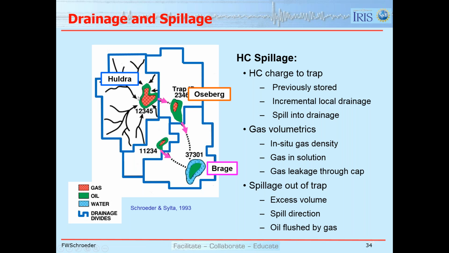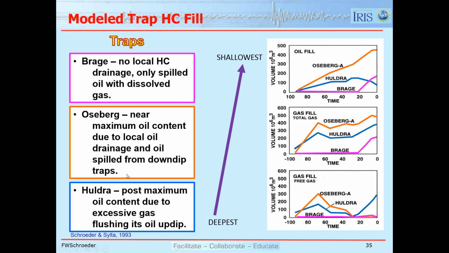I'm going to use some real field examples now. Huldra is the deepest of the traps. Oseberg is midway up in the migration pathway, and Braga is the shallowest. And Braga is in an area where we don't have any local hydrocarbon generation. We only have spillage from deeper down.